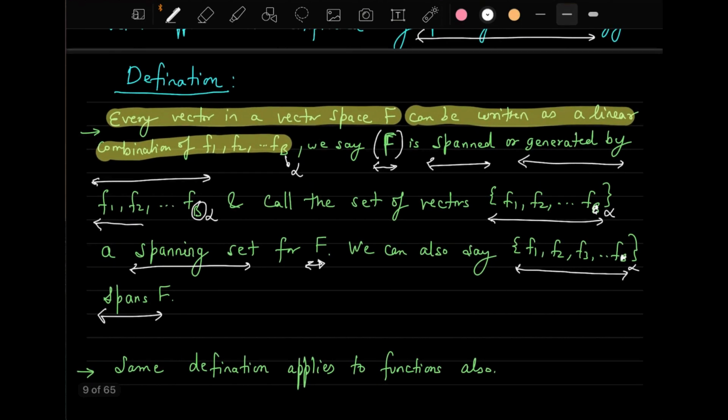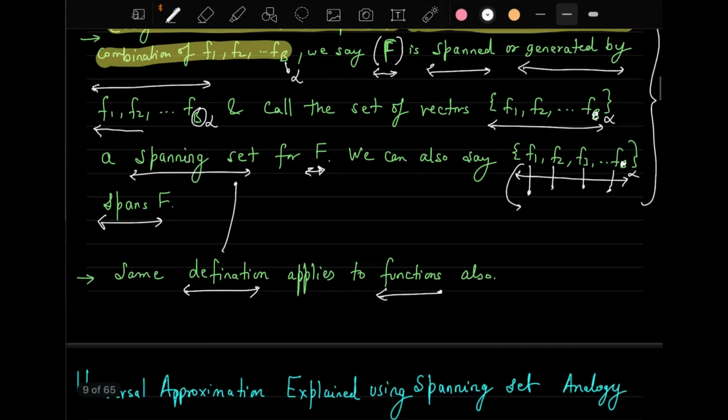And one important thing is that this definition applies to functions also. We will discuss that, but in linear algebra, these are all vectors. F1, F2, F3 and F alpha are vectors, but if they represent functions, then this definition will be equally valid. So let us discuss what this definition is.